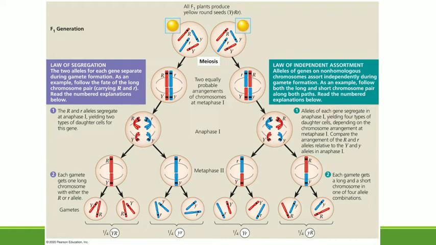I encourage you to pause the video and slowly go through and make as much sense as possible over connecting what happens in the F2 generation of a dihybrid cross in light of what happens during meiosis. It's very important to understand that.